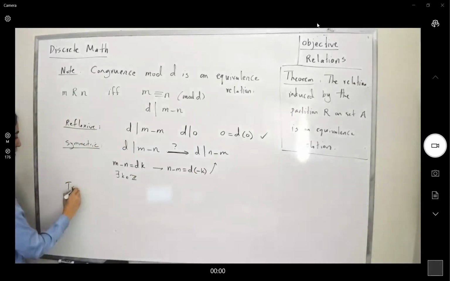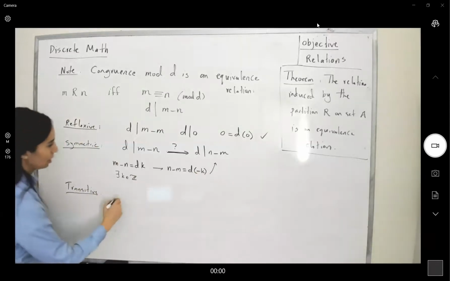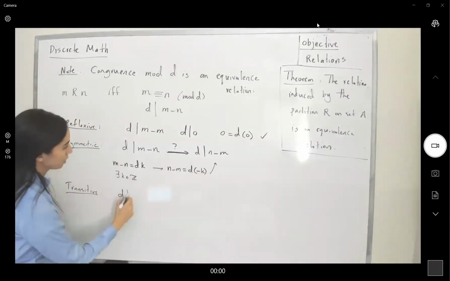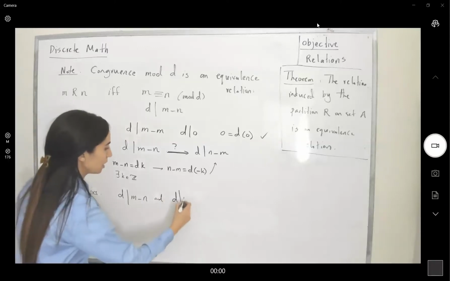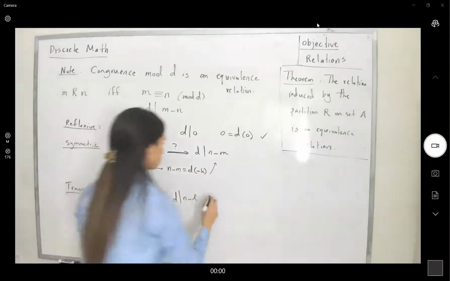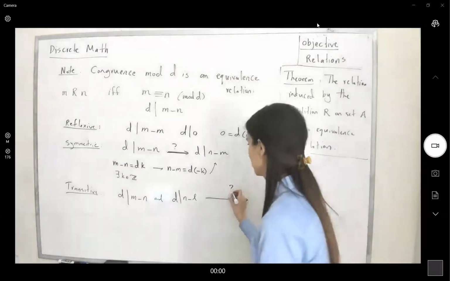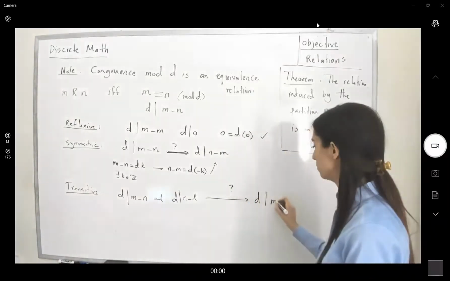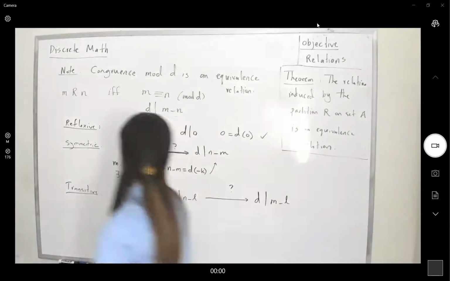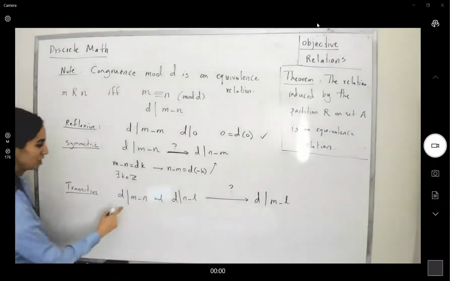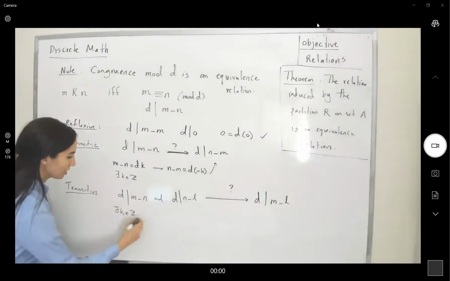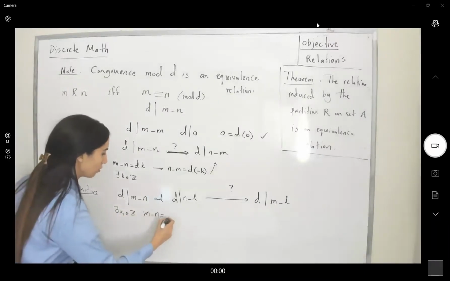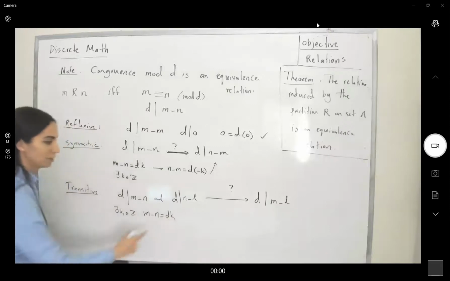Then to be transitive, if D divides M minus N and D divides N minus L, we should be able to conclude that D divides M minus L. Again, by using the direct definition, here we have an integer like k sub 1 such that M minus N is equal to D times k1.